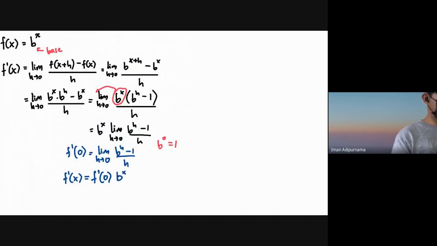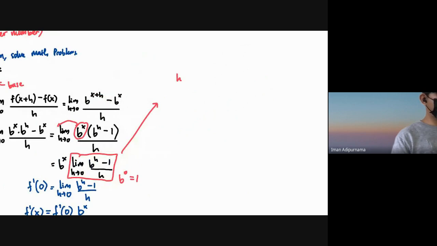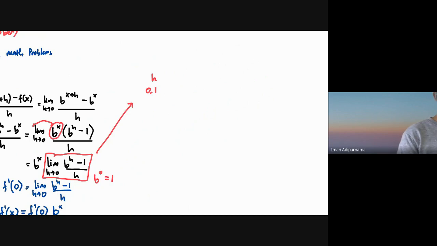Let's start with this expression. We can start with some h close to 0. Start with 0.1 and see how it looks, and start with some b, any number.